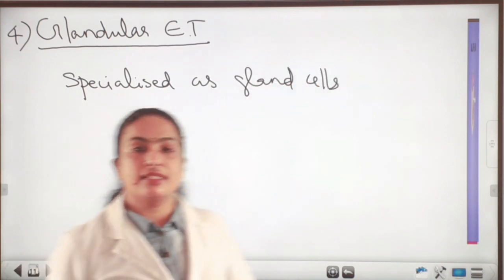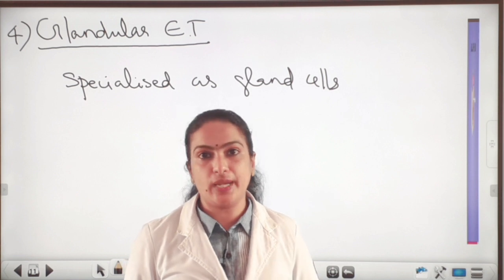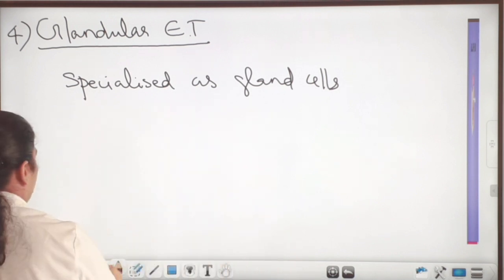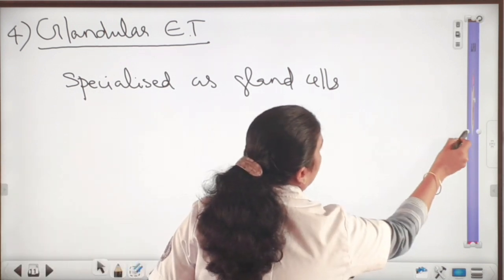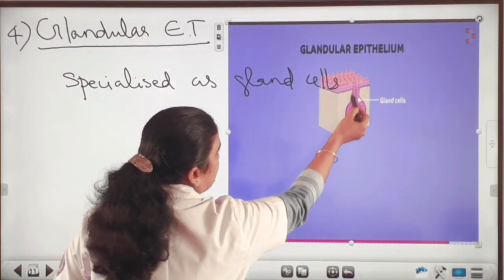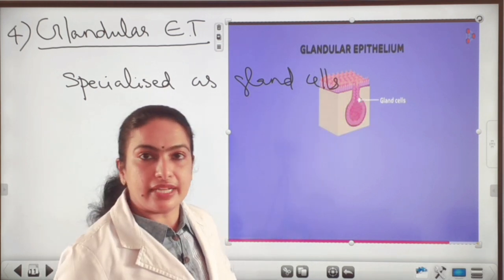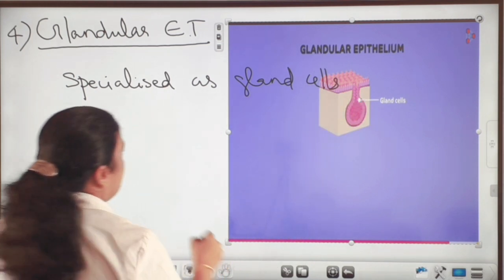That means some portion of the epithelial tissue folds inwards and forms the glandular cells. That I will show you. So that is called glandular epithelial tissue.